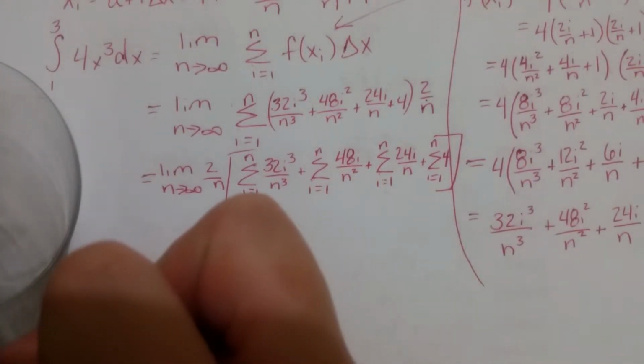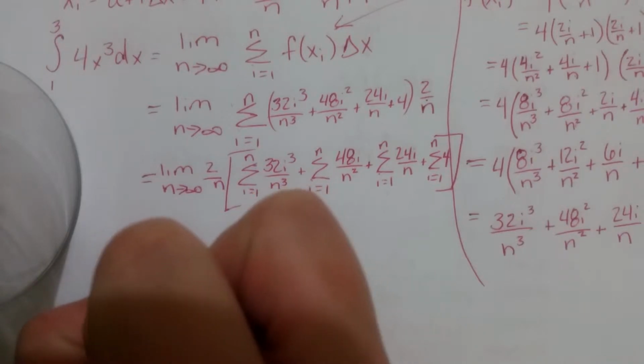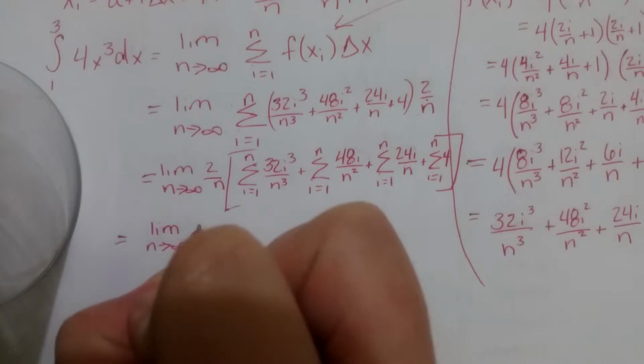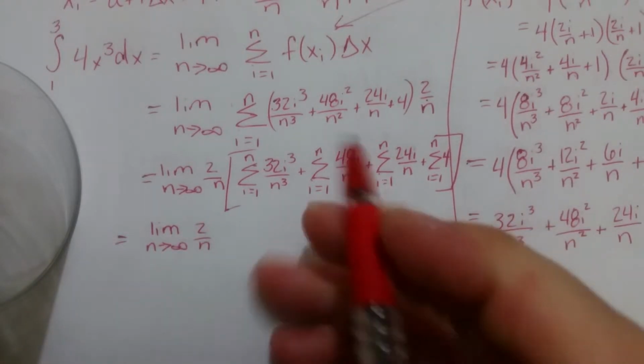Okay, so here we go. Limit n approaches infinity. We still have 2 over n out in front.